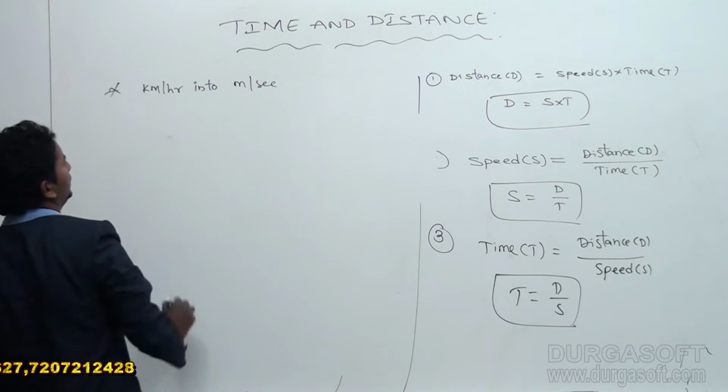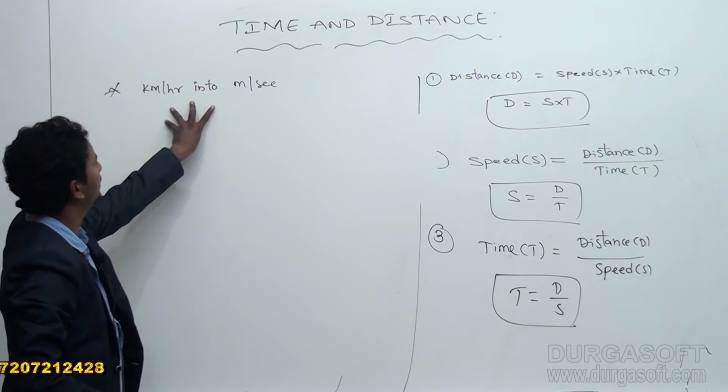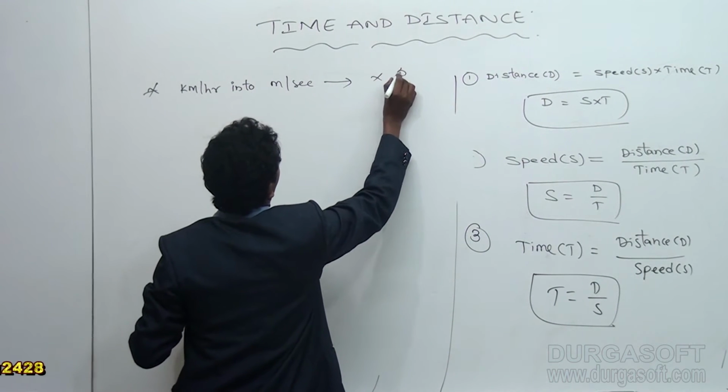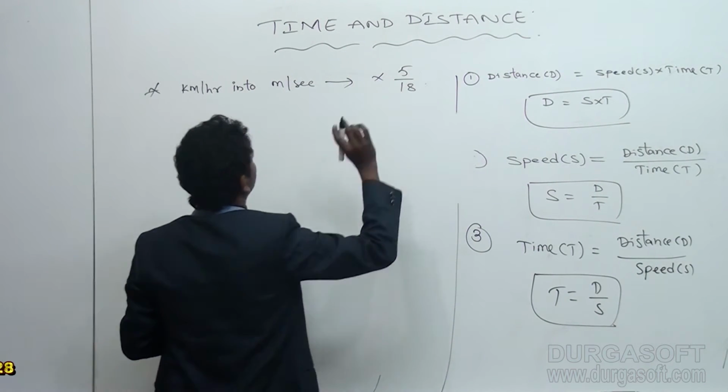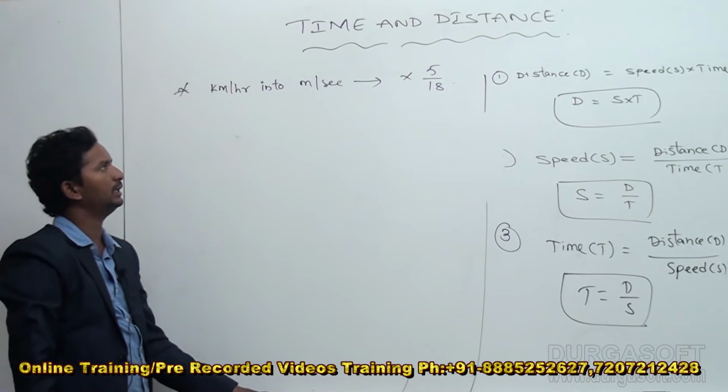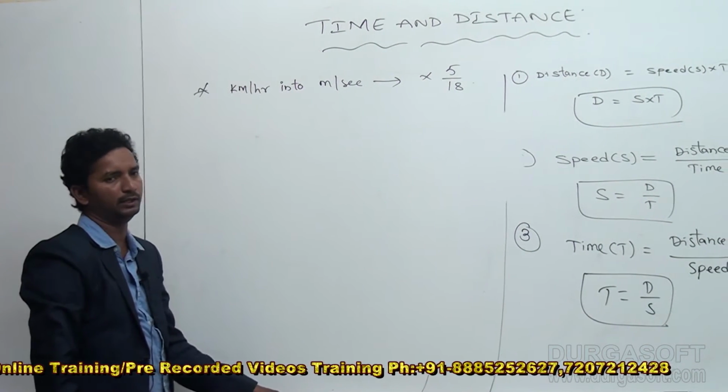To convert kilometer per hour into meter per second, you multiply by 5 by 18.